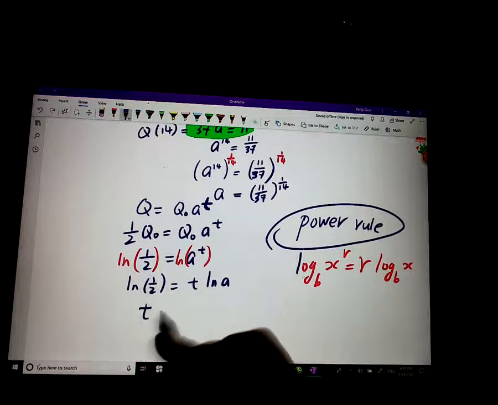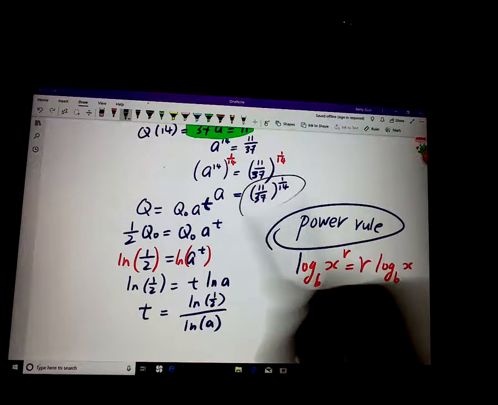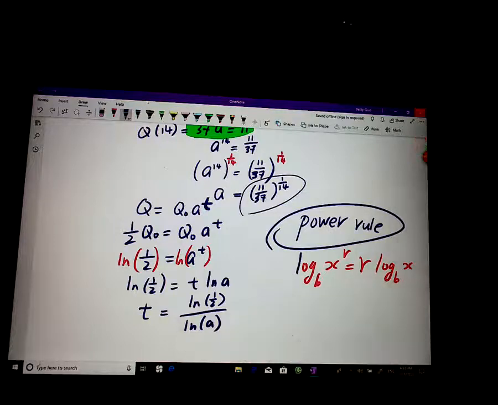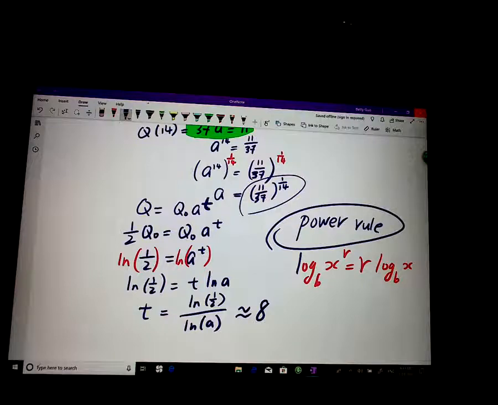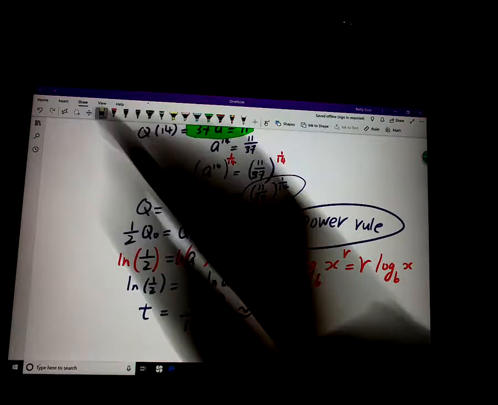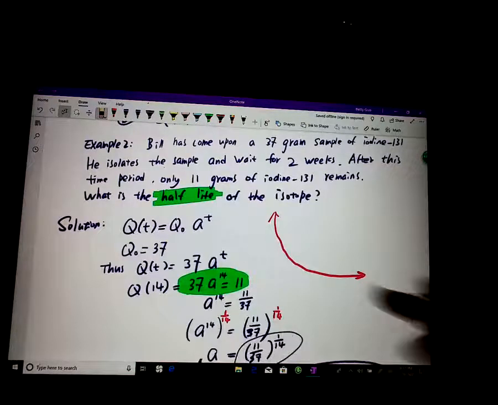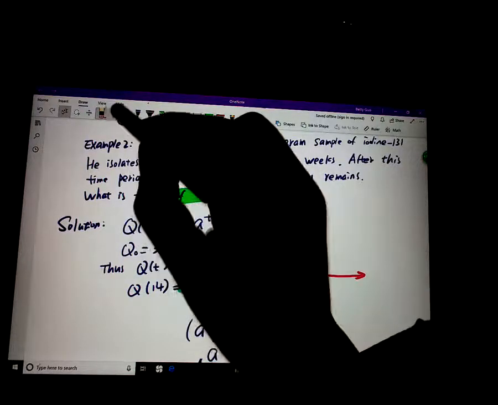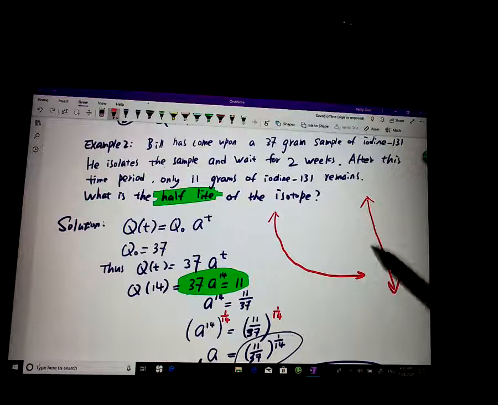So t actually equals ln one half over ln a. And we have the value of a already, so we are not going to spend time on that. I can tell you the result is about 8 days, or you can figure it out on your own. Through this problem, I want you to understand what half-life is. Exponential decay is different from linear decreasing.